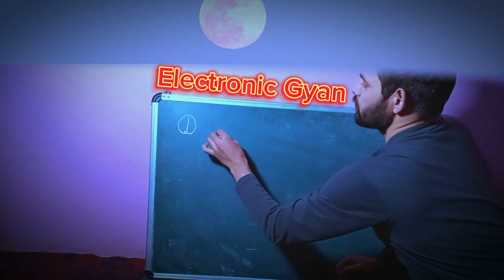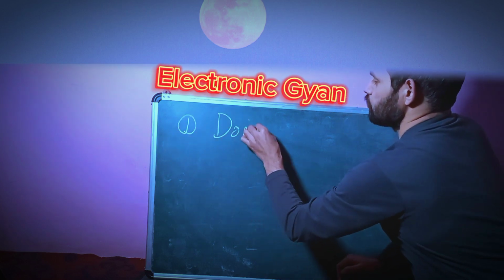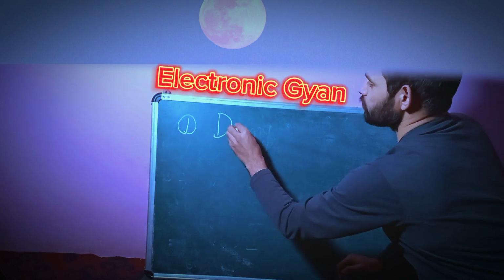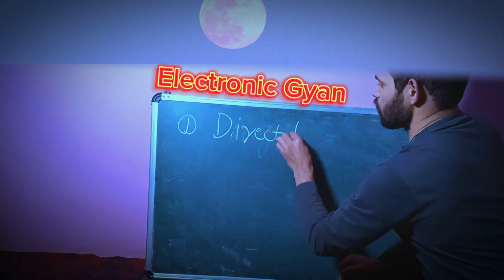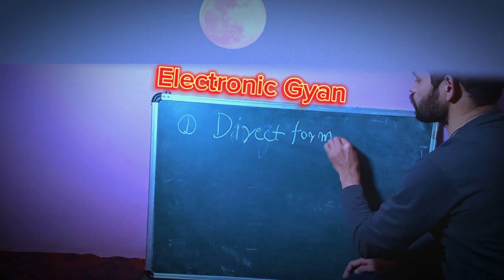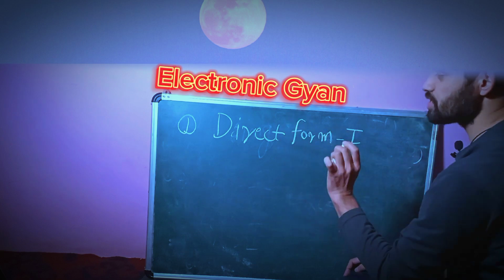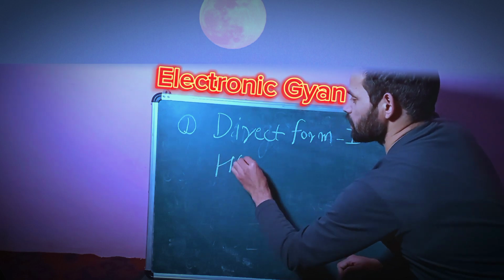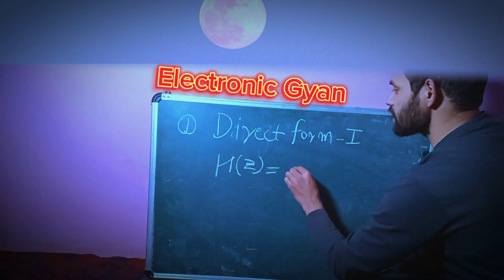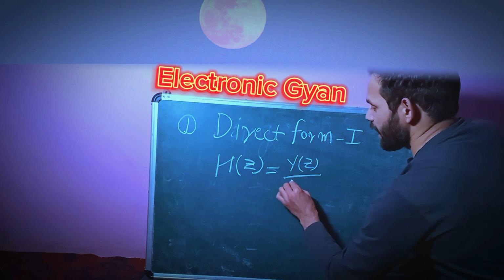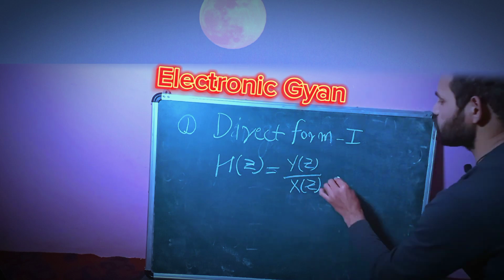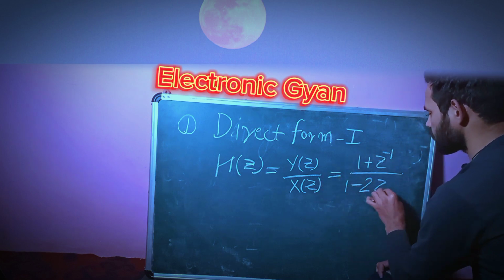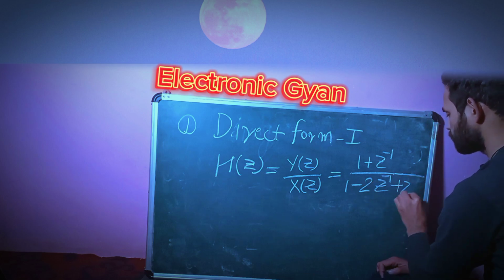So first we are going to draw the direct form 1 representation for the given difference equation. Okay, so for this direct form 1, the transfer function that we have obtained is h of z equal to y of z upon x of z, which is equal to 1 plus z inverse divided by 1 minus 2 z inverse plus z minus 2.